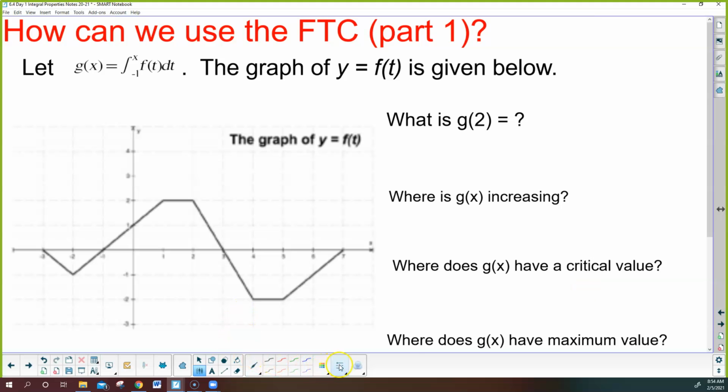And what that fundamental theorem of calculus part 1 says is if I have an integral of, let's say, a to x of f of t, and I want to take the derivative of that. You got a problem like this on your quiz.